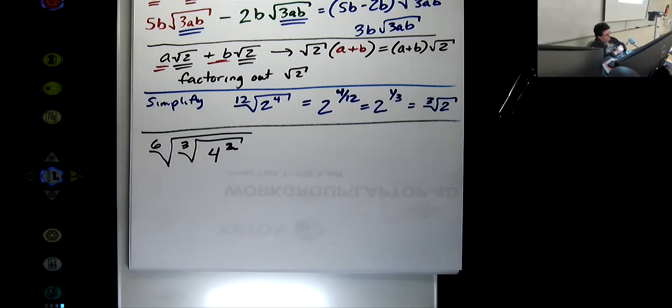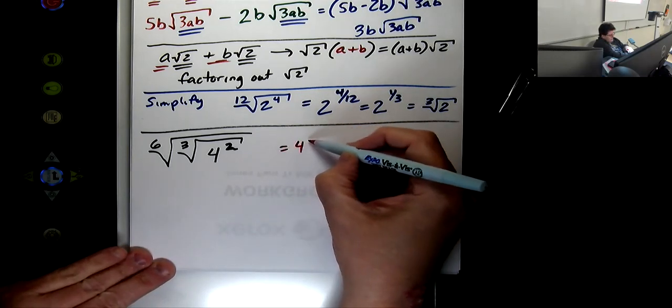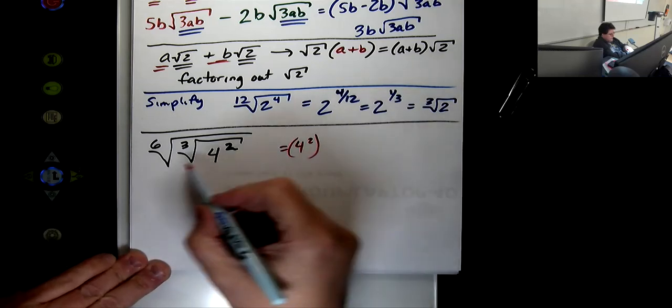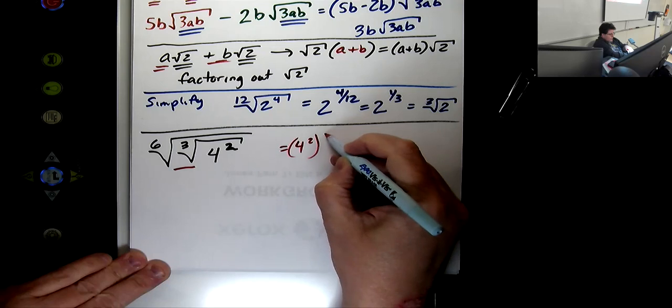So I don't know if it's easier to use the rules here or just start turning the radicals into fractional exponents. I had 4 squared. And that radical right here would be to the 1/3 power.